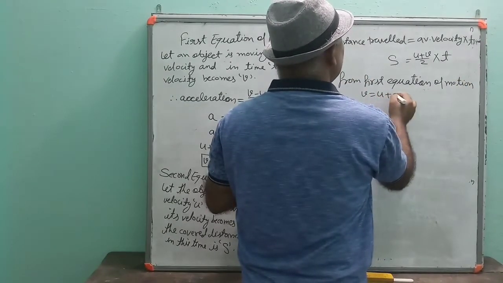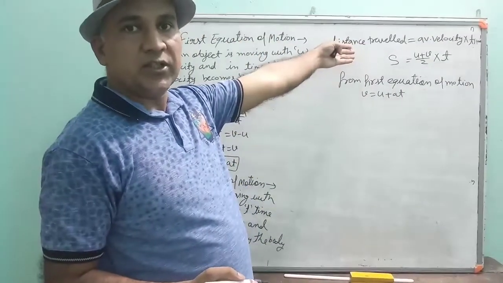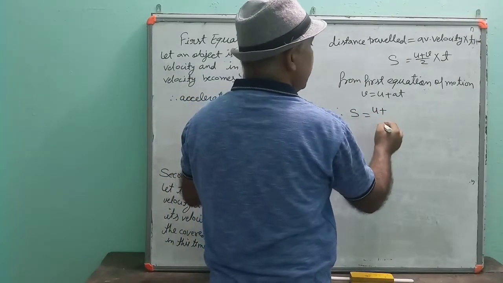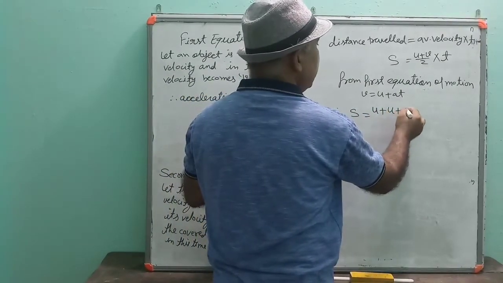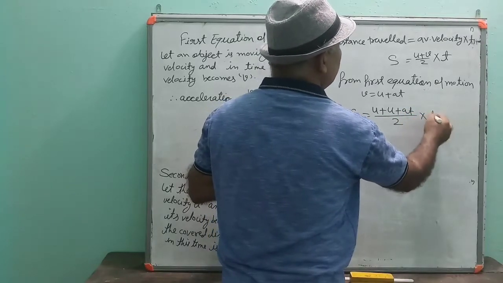Now from the first equation of motion, v is equal to u plus at. Now put this value in the distance formula. Therefore s is equal to (u plus, at the place of v we put u plus at) upon 2, into t.